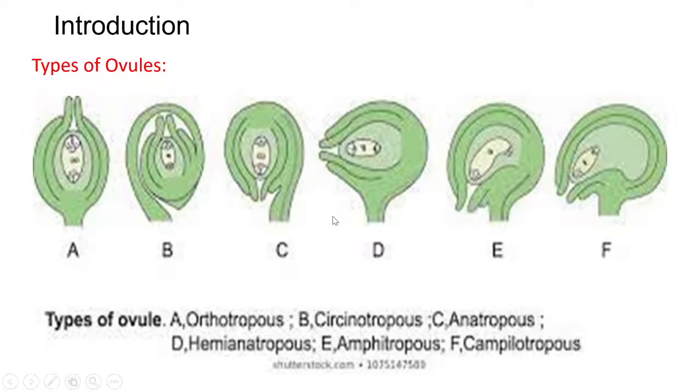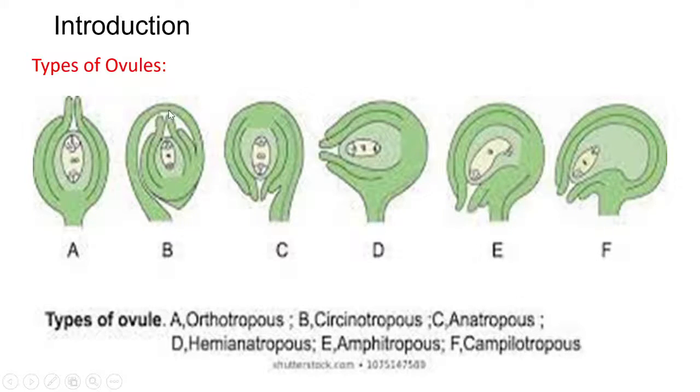Now see, these are some diagrams. First is orthotropous ovule. I told you that it is an erect ovule, micropyle, funiculus and chalaza are in one line. Micropyle is directed upward and such type of ovules are present in most of the members of Polygonaceae and Piperaceae. Second type of ovule is called circinotropous.